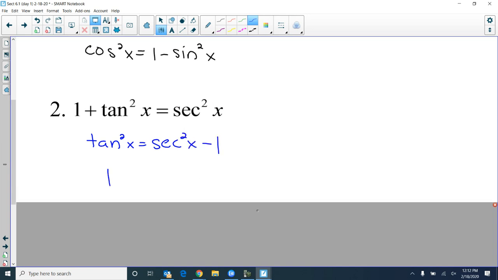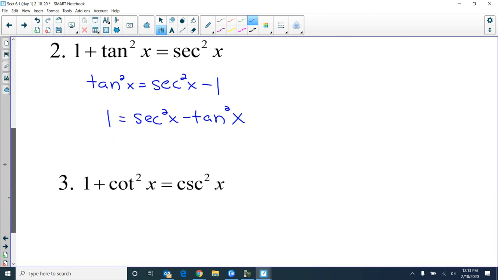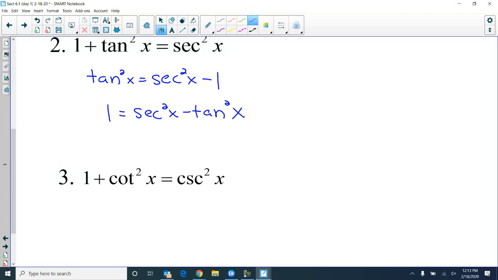And I could say 1 equals secant squared of x minus tangent squared. And then do the same thing for that third one. 1 plus cotangent squared x equals cosecant squared.